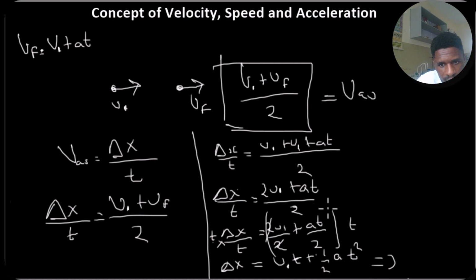So let's write that here. Delta x will simply be equal to vi t plus 1 over 2 at squared, second equation of motion.